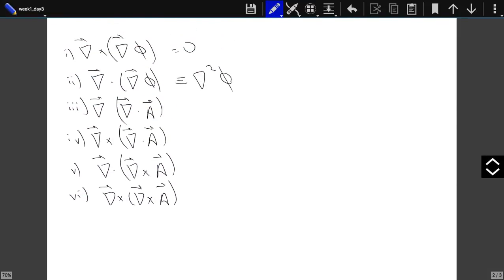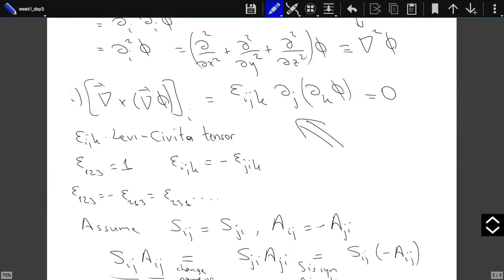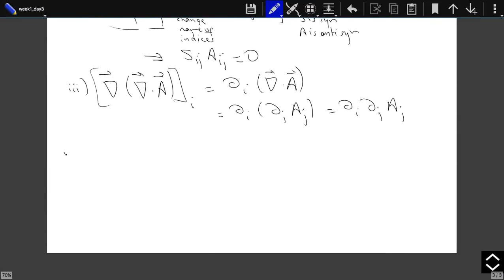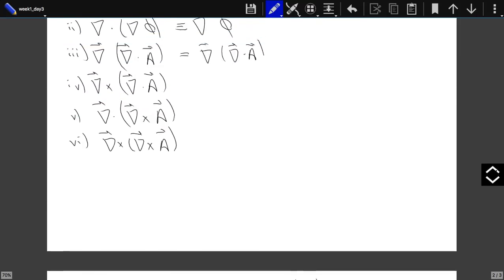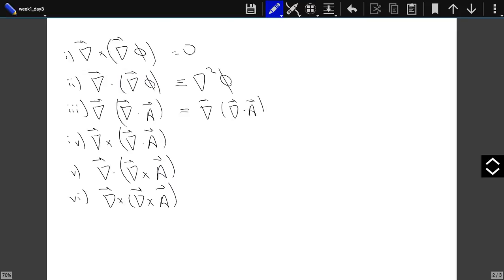Let's look at the fourth one. It is the curl of a divergence. Nope, sorry. Curl of a divergence doesn't exist. Divergence is just a number.